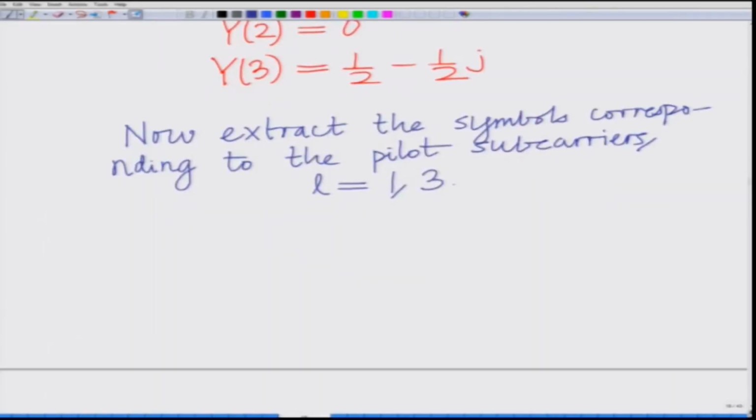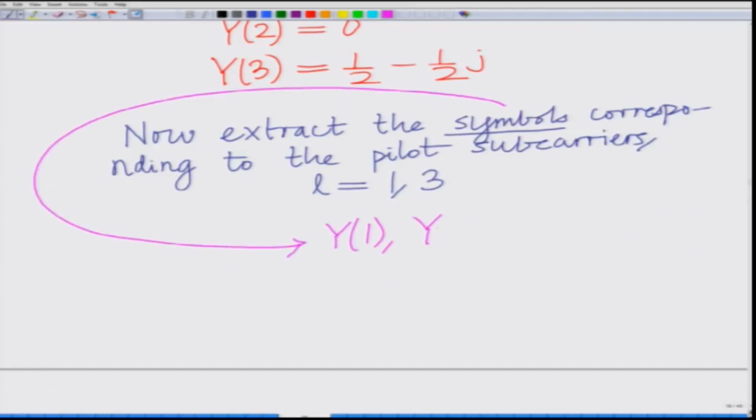Therefore, it goes without saying these are capital Y1 comma capital Y3. Since the pilot symbols are transmitted on subcarriers 1 and 3, the symbols corresponding to these subcarriers are capital Y1 and capital Y3. And we use these and these only for the purpose of channel estimation, because these are the pilot subcarriers.